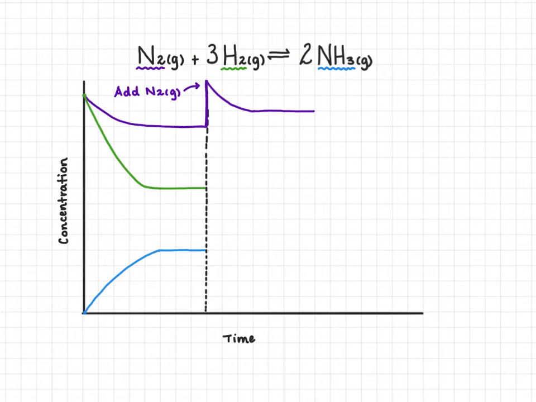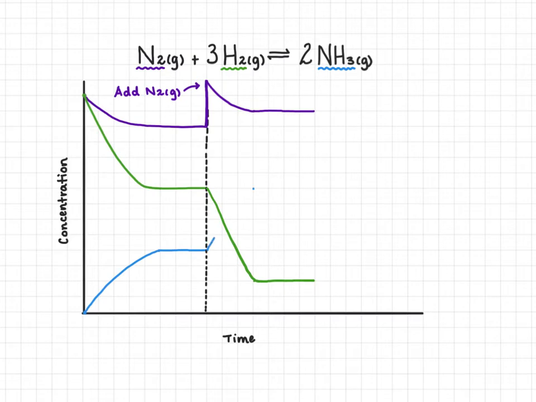Because hydrogen is also a reactant, its concentration will also decrease. So the concentration of hydrogen drops with the same stoichiometric ratio applying, so still 3 times as much as that of nitrogen. And because we're shifting to the right, the concentration of ammonia is going to go up.